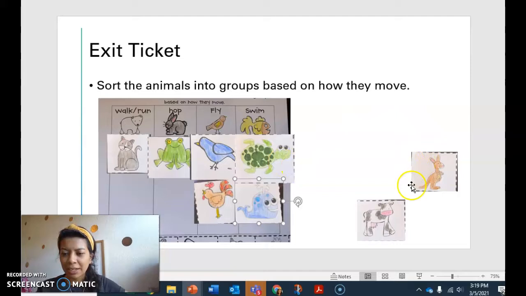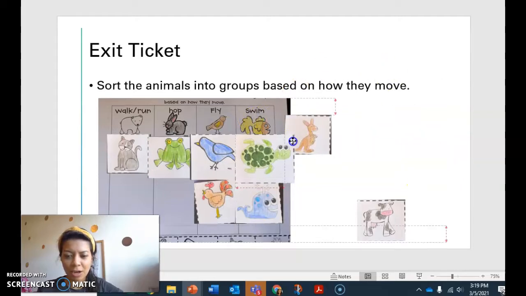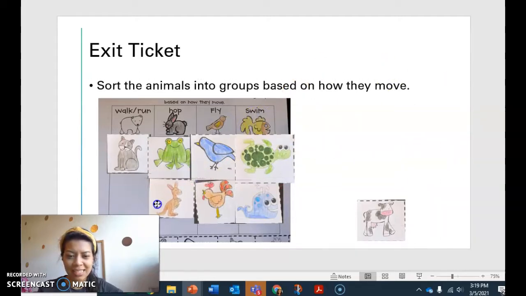Our next picture here, we have a kangaroo. Who remembers from the video how kangaroos move? Do they walk, hop, fly, or swim? If you said hop, you're correct. Yes. Remember, kangaroos only use 2 legs to hop high.